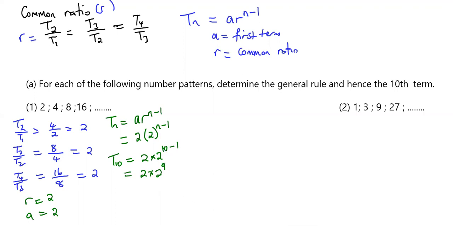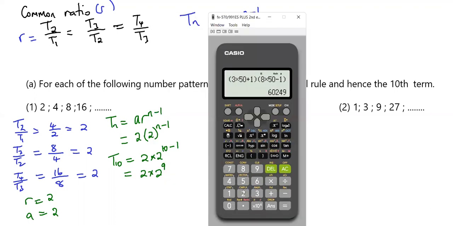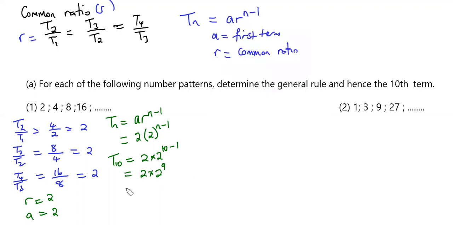Let's see if we can get the answer here. So it's going to say 2 times 2 to the power of 9. Then you get 1024. So never make the mistake of multiplying these two. You finish this first, then you can multiply, also including the exponent.